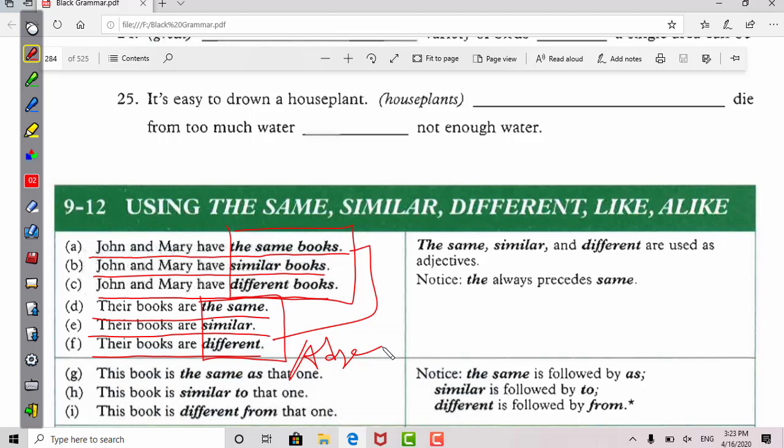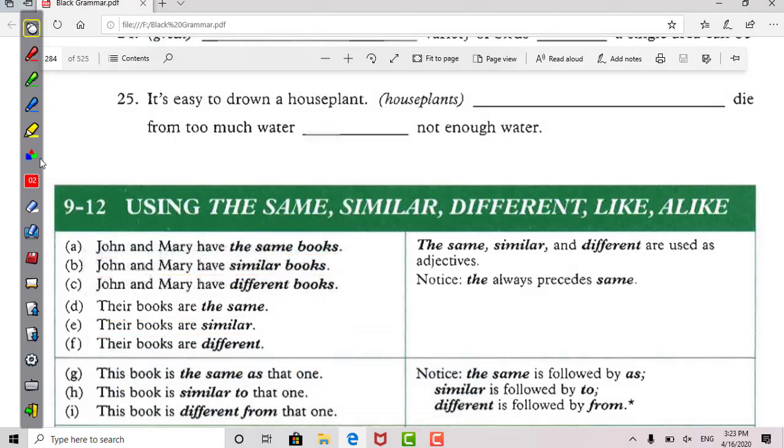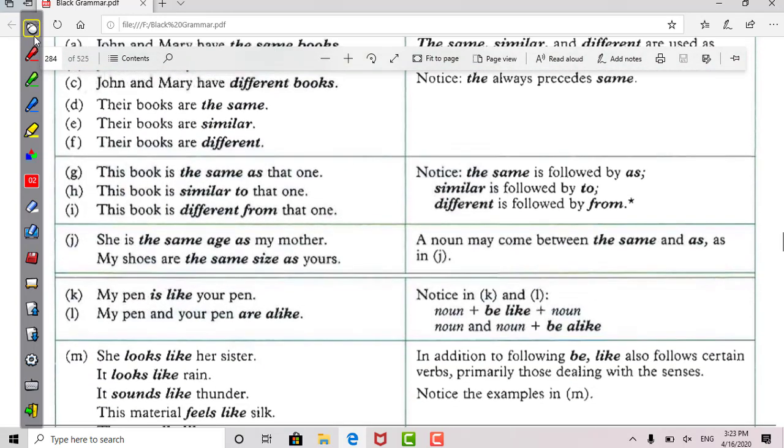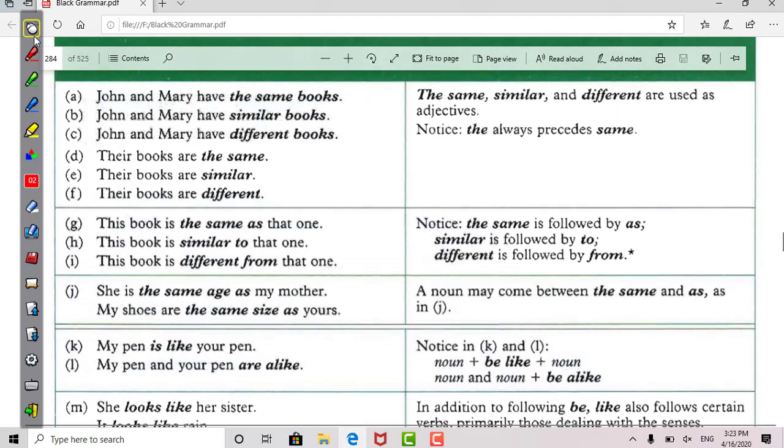And when we talk about adjectives in A until F, when we go to G until I, this one will be different again. I will erase here and I will move. All right, so look at this one.